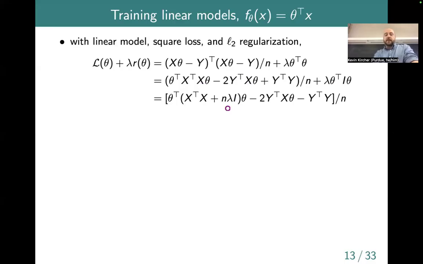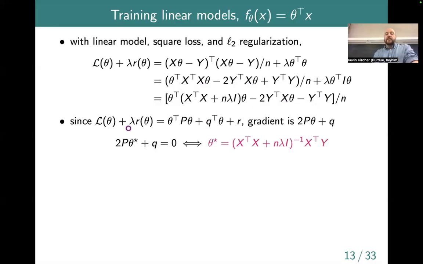So this now is a quadratic function of theta. We have a weight matrix here that's the weight on the squared term. We have another vector here, which is the weight on the linear term. And then we have an affine term, just an offset. So this whole function has the form of a quadratic function with the variable being theta.